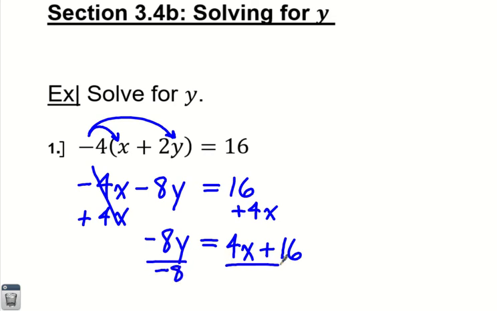Well, we would divide both sides by -8, and then that would leave y by itself on the left. Dividing both of these terms by -8, you have to know your division. 4x divided by -8, so really 4 divided by -8 with the x along for the ride.